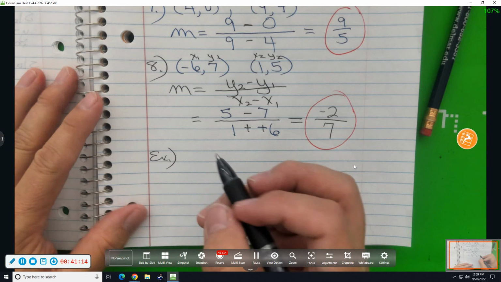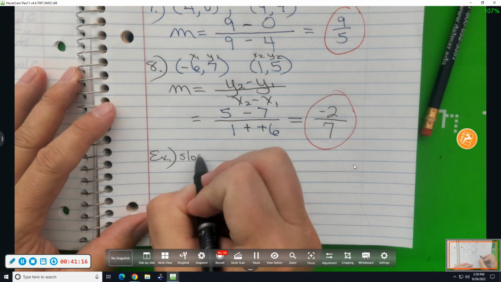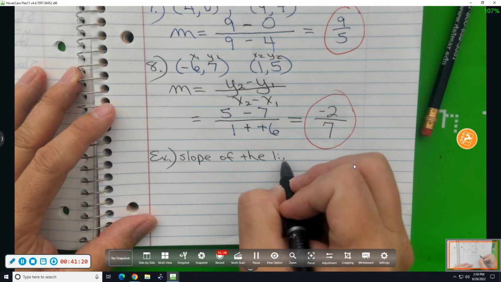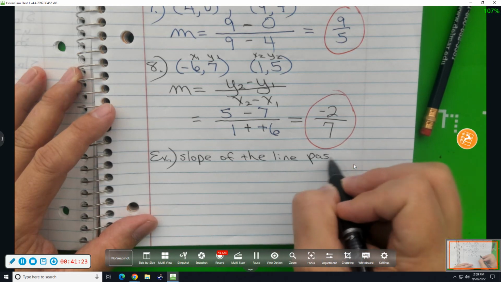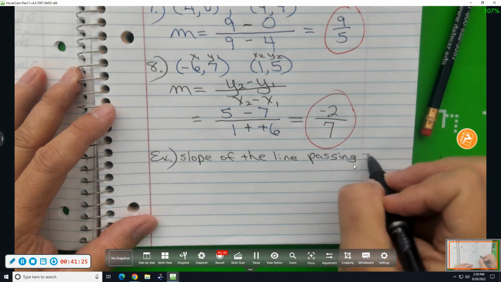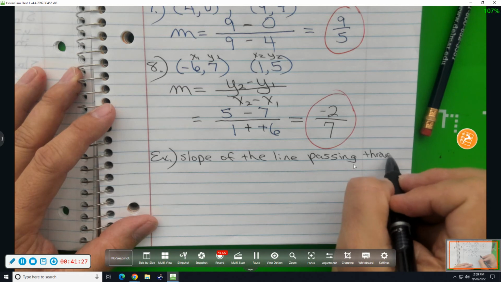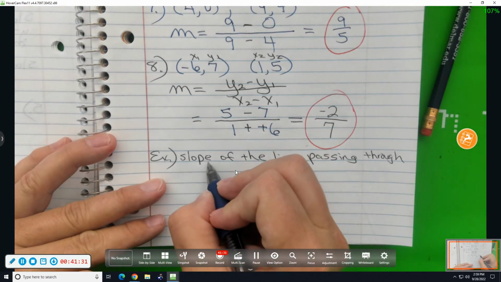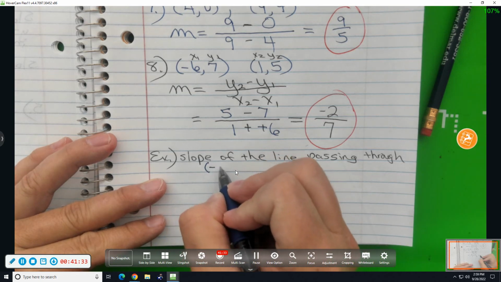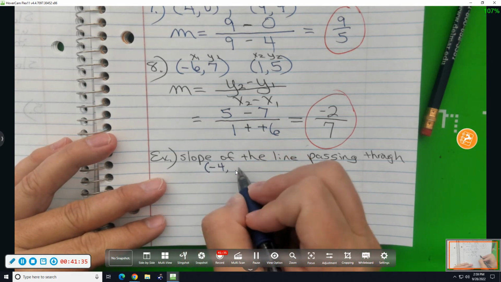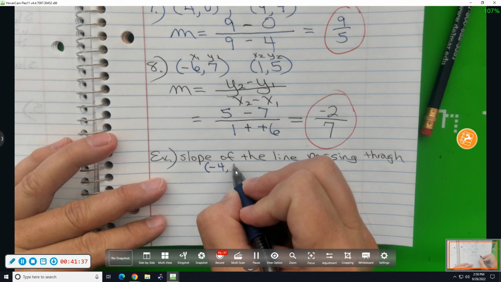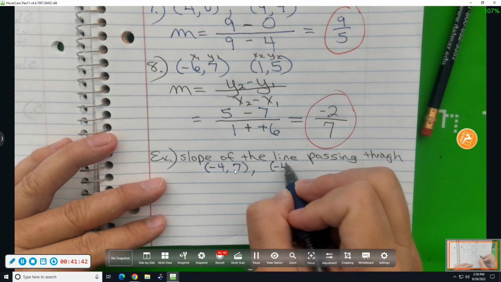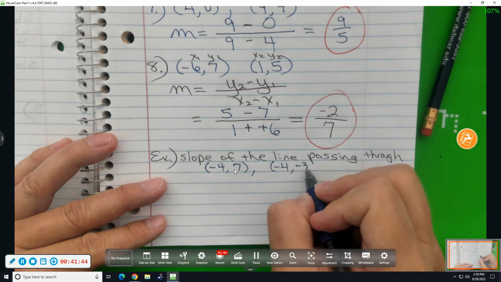Okay, let's find the slope of the line passing through. So it's the same instructions as 6, 7, and 8. And here are the points. Let's say negative 4, comma, 7 and negative 4, comma, negative 3.